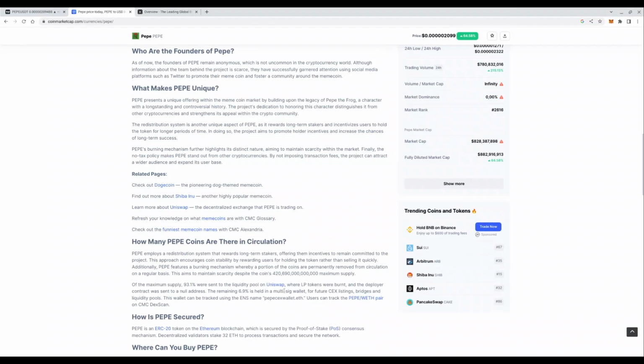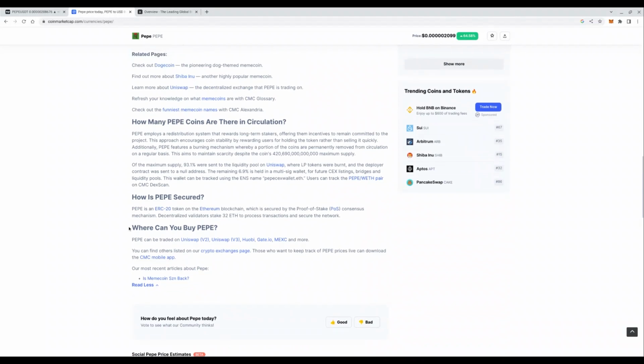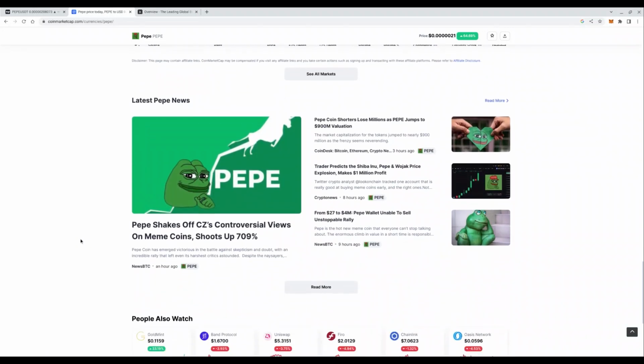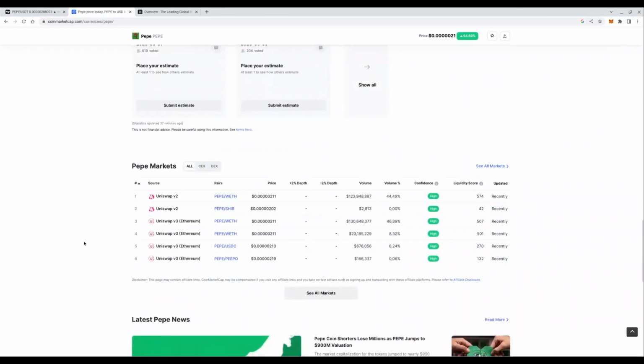You can go through it quickly, see what it's about, and then you have a "where can I buy" a specific coin section. And as you can see, Pepe can be traded on Uniswap, Huobi, Gate.io, MEXC, and more. If you scroll down almost to the bottom of the page, there is a section called Pepe Markets, and we have all centralized exchanges and decentralized exchanges.